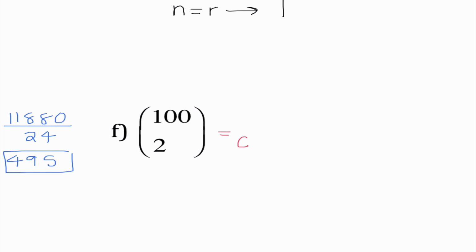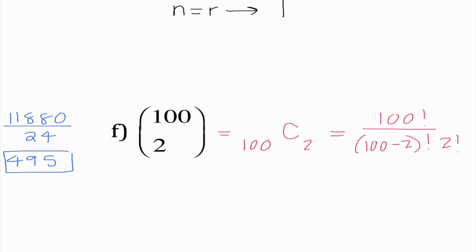F, I don't know why I wrote a C there. I meant to do 100 combination 2, which would be 100 factorial over 100 minus 2 factorial times 2 factorial. So this one seems really rough, but what we're going to notice is a lot of stuff cancels out. This just becomes 99 times 100.